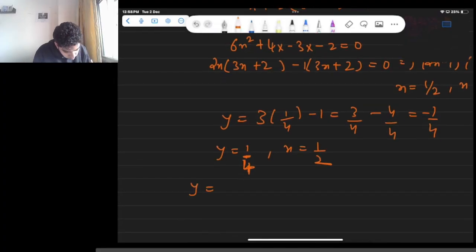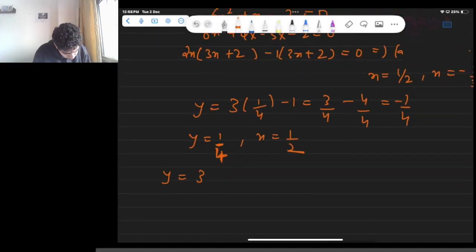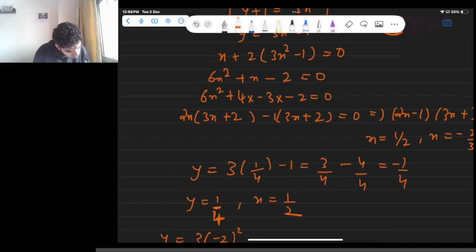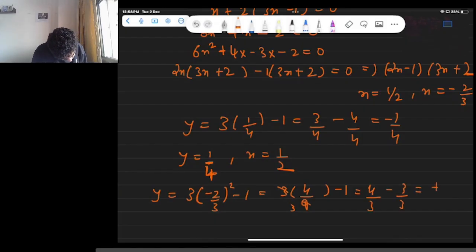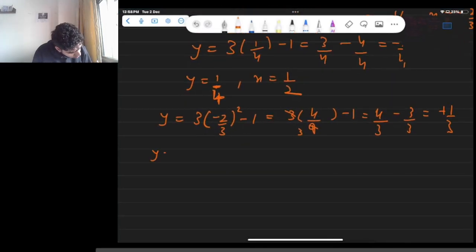Similarly, my y is equal to 3 times the square of minus 2 by 3, minus 1, which is 3 times 4 by 9, right? 3 and 3 get cancelled, minus 1, so I'll be getting 4 by 3 minus 3 by 3, which is 1 by 3. So from here I can say that y is equal to 1 by 3 when my x is equal to minus 2 by 3.